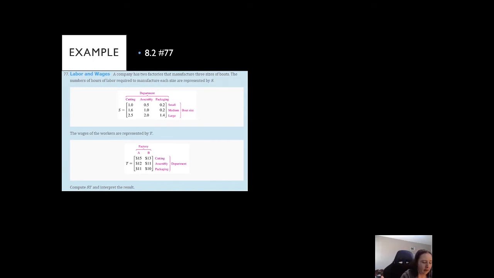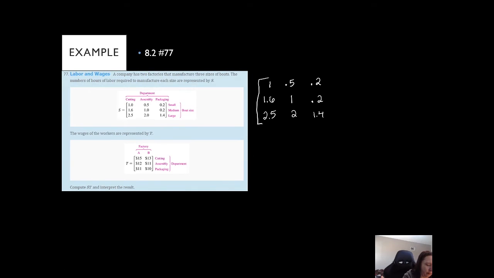So let's set this up. S is first: 1.5, 2, 2.5, 2, 1.4. I'm going to do my brackets last because I didn't draw them long enough.